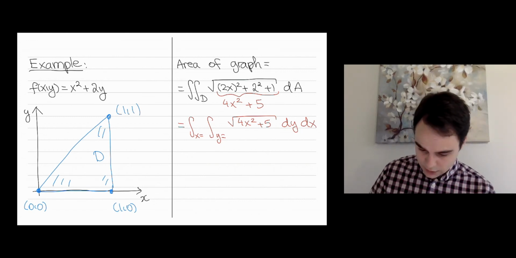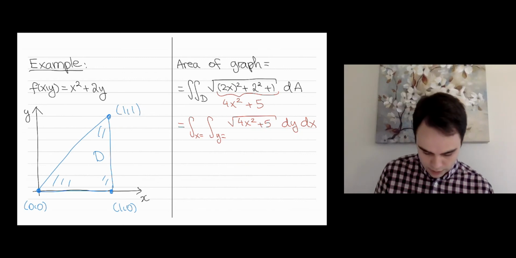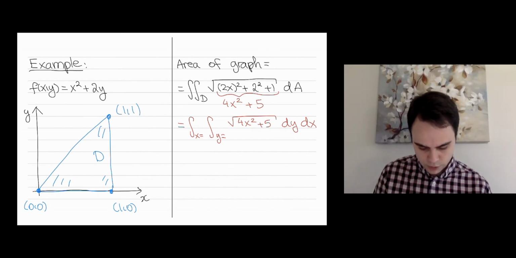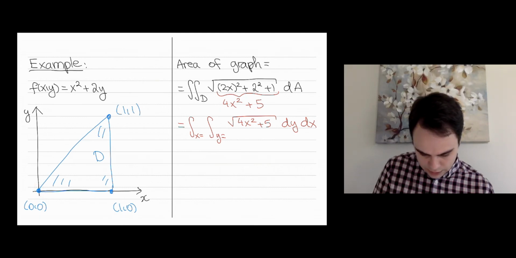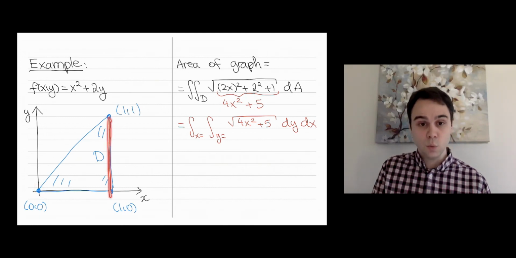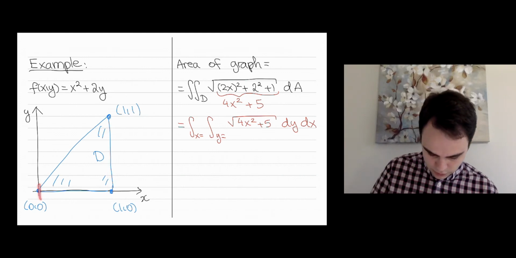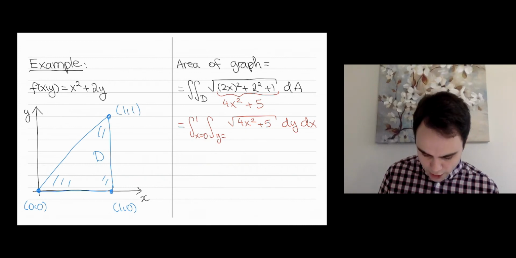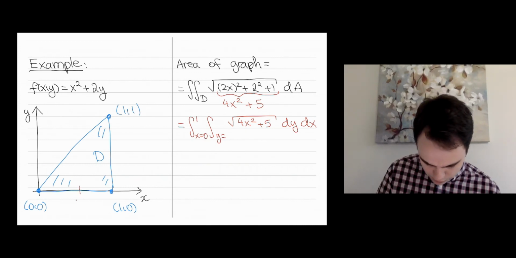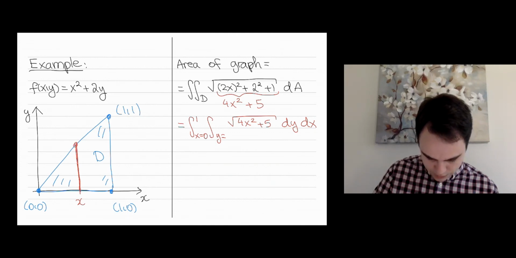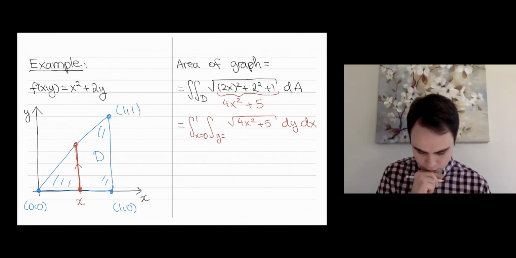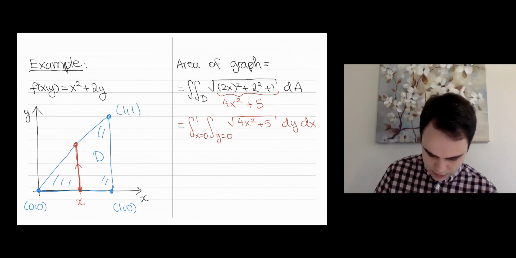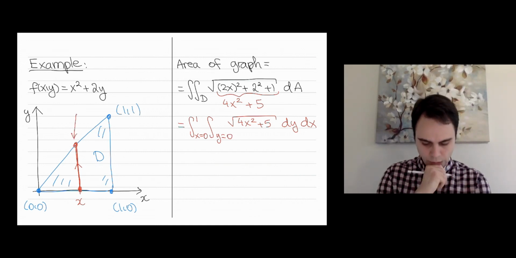So in this example, the minimum value of x in all of D is 0, and the maximum value of x in the whole region is 1. So these are the bounds for x. So x goes from 0 to 1, and y, by fixing an intermediate value of x, is constrained to this vertical segment. So y starts at 0 and stops over here.